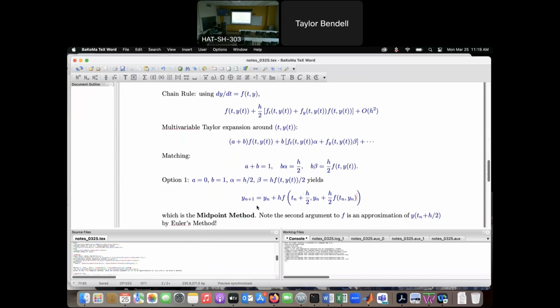That's a forward difference. But I can also think of (y_{n+1} minus y_n) over h as a second order accurate approximation of the time derivative at tn plus h over 2. In other words, a center difference. So that's why we end up with second order accuracy, and we're using a more accurate time derivative formula.